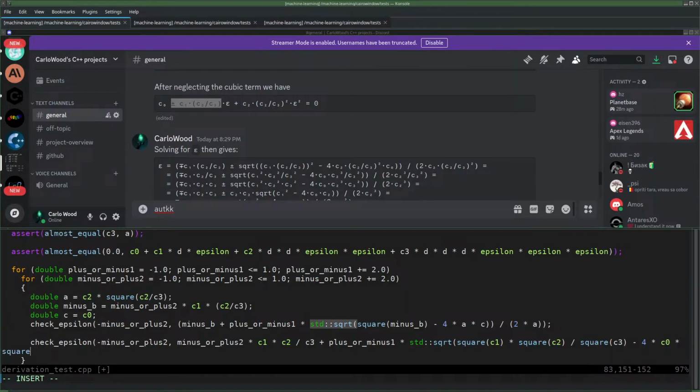I'm going to type the square c2 times c2 divided by the square of c3. Two times, and then the same thing, square of c2 times c2 divided by the square of c3.